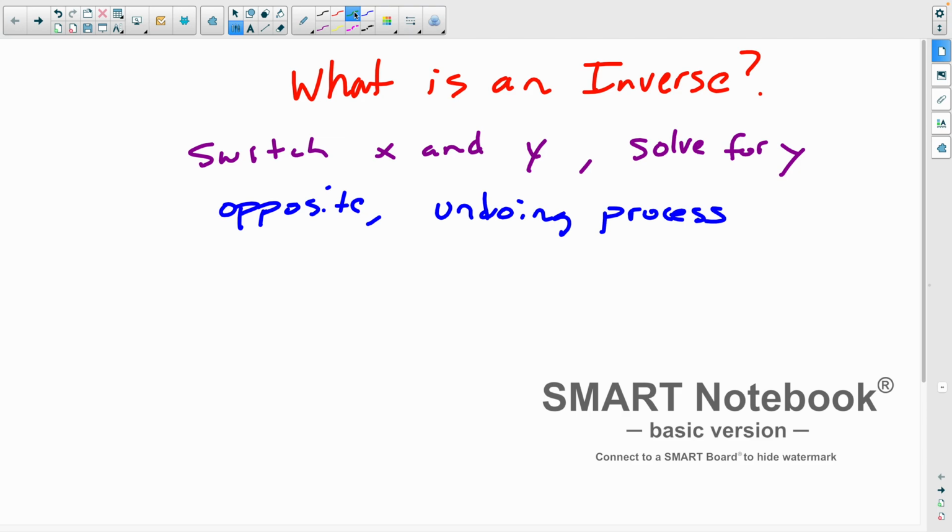In order for something to be an inverse, it has to be a one-to-one function. Anybody remember what a one-to-one function is? One input, one output, good. And kind of the other way too, one output, one input. So every x has exactly one y, every y has exactly one x.